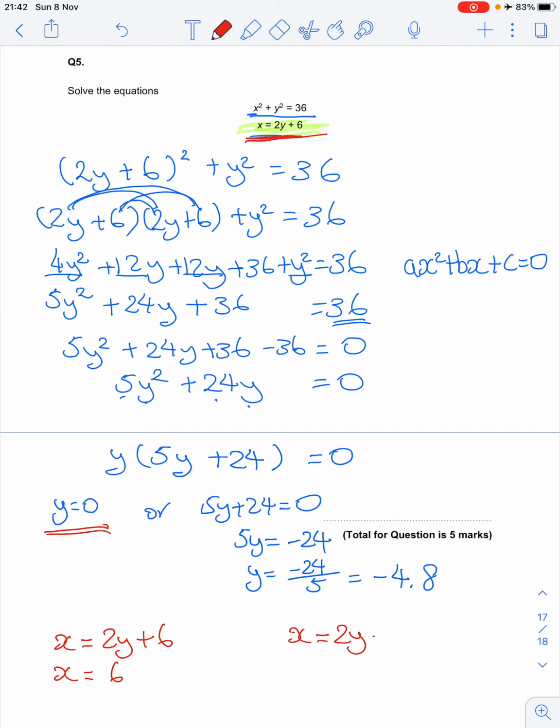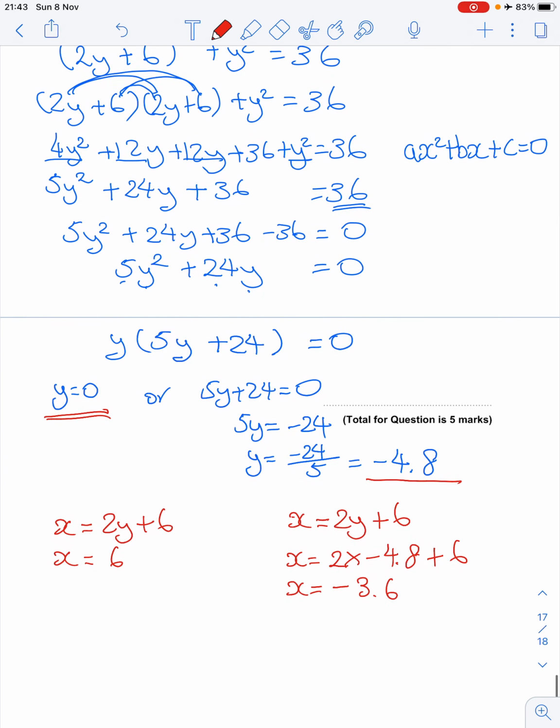And similarly here, x equals 2y plus 6, and in this case, y is minus 4.8. So x equals 2 multiplied by minus 4.8 plus 6. So x equals minus 3.6.